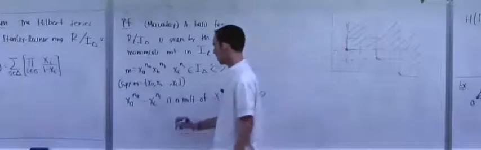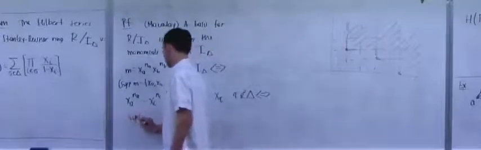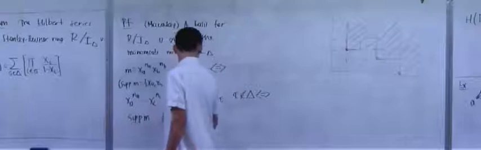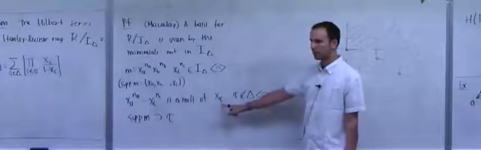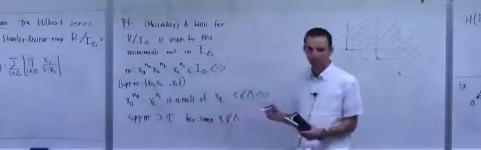So this guy is a multiple of this guy if and only if the support contains tau, which is the support of x sub tau, for some tau not in delta.